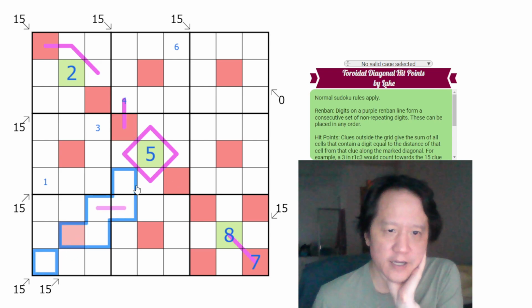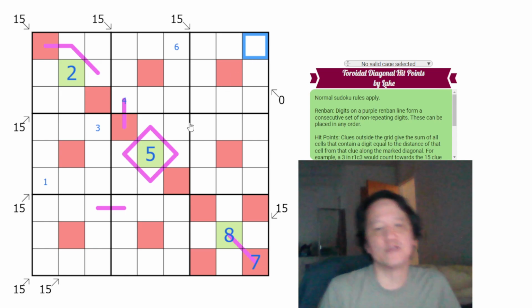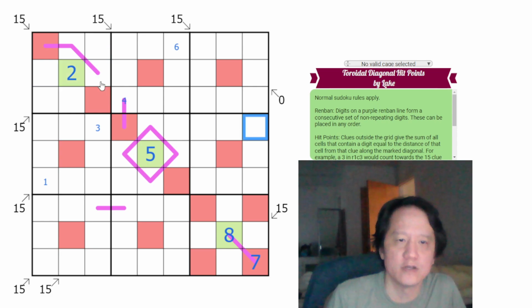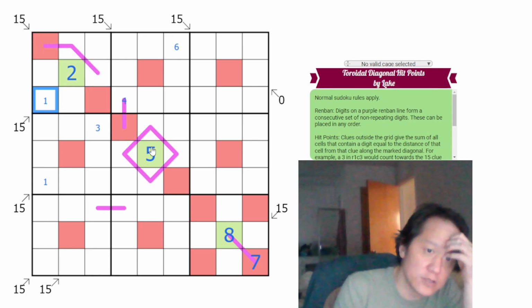For this diagonal, either the 9 is with the 5 or the 9 is with the 2. Right? Okay, so what are the possibilities? This can't be 1, obviously. So the 1s could be here, here, or here.